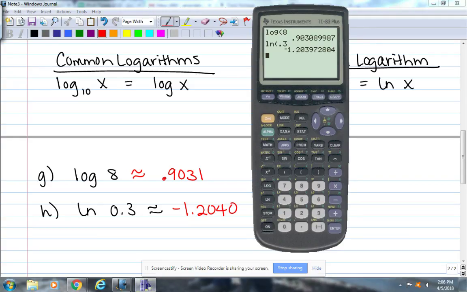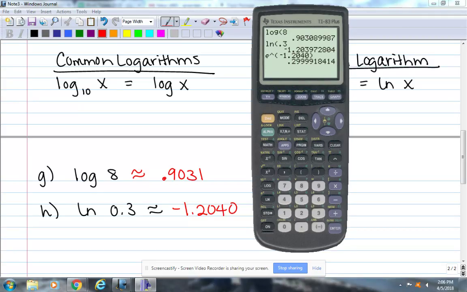Second ln to get you the E to the negative 1.2040. I forgot my 4. Close parentheses. Hit enter. It should be something close to 0.3. And 0.29999 is really close to 0.3. It's not exact because we rounded our number. Right?